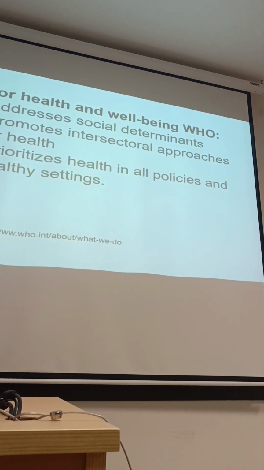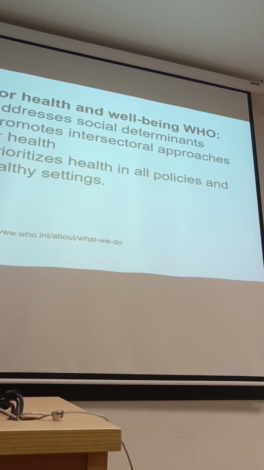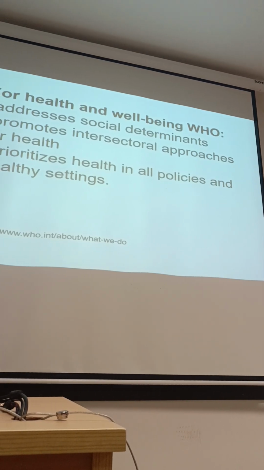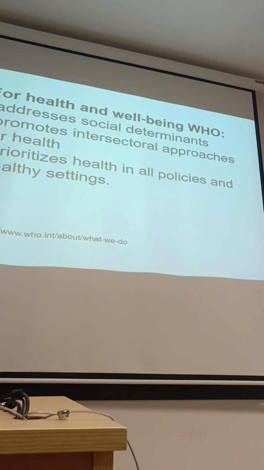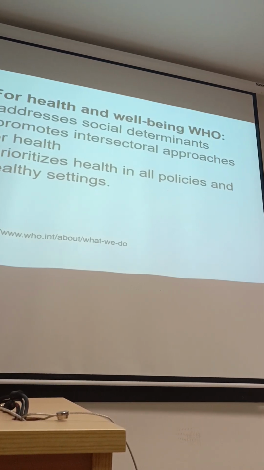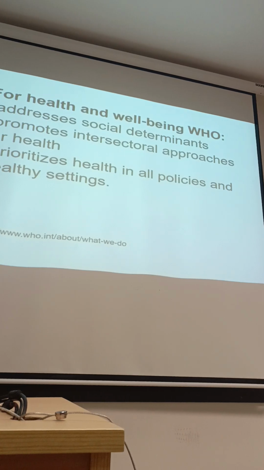For example, think about air pollution. If you want to control air pollution, it is not just the responsibility of one authority. For example, the municipality cannot do anything by itself. There should be some other organizations working together in order to make it better.